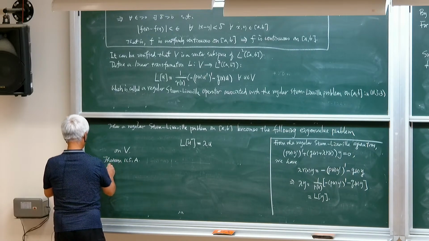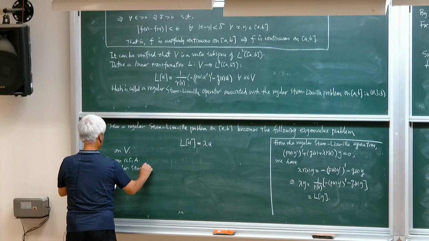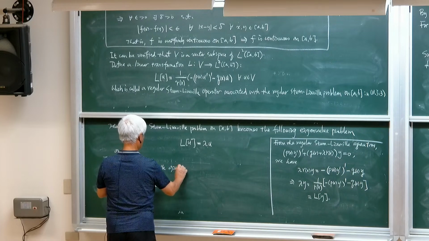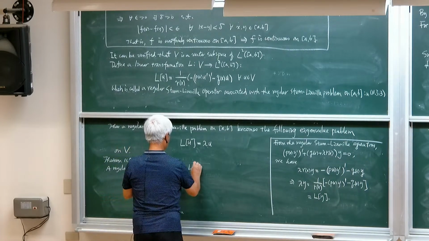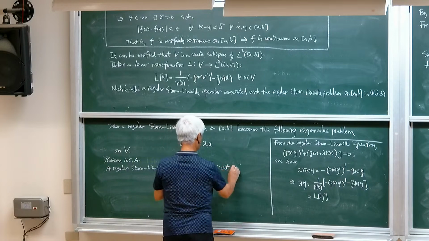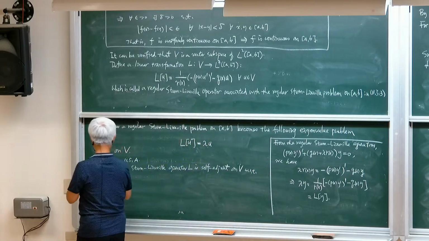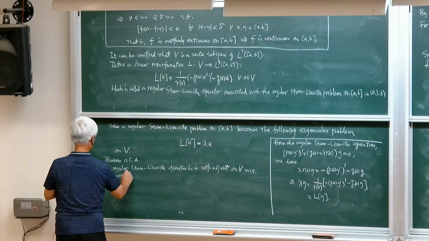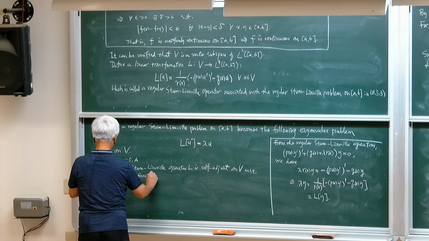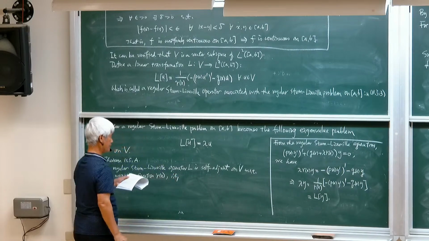A regular Sturm-Liouville operator L is self-adjoint on V, with respect to the weighting function R of x. What do we mean by self-adjoint?